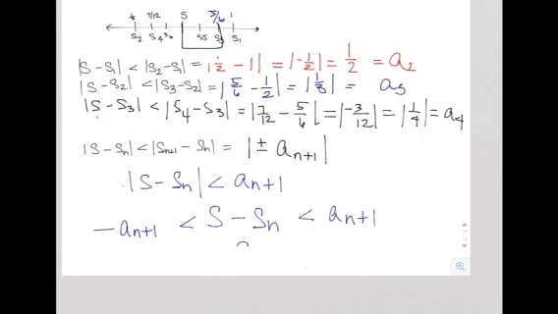Which means the sum of your series is bounded below by the nth partial sum minus a sub n plus 1, and bounded above by the nth partial sum plus a sub n plus 1.